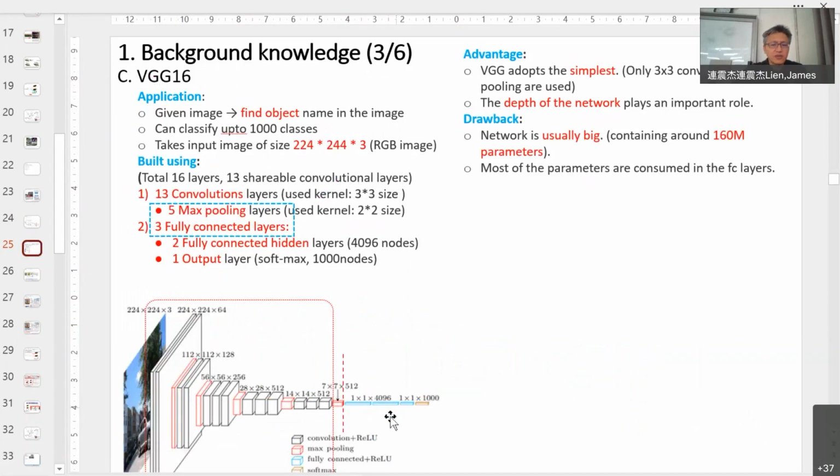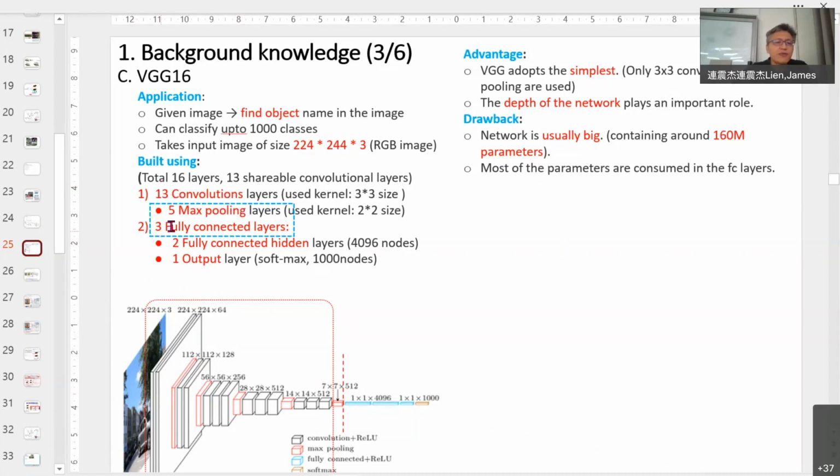Like this one. But remember, the red ones are max pooling for downsampling, so they don't count as layers. So the total is 13 convolution layers, plus the 5 max pooling layers which are not counted in the 13.